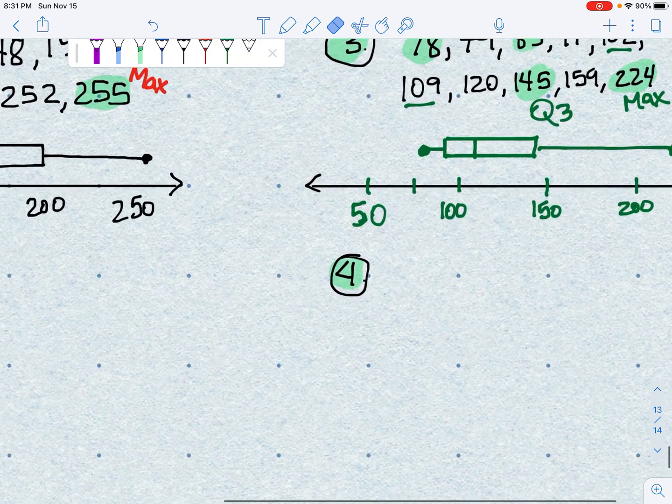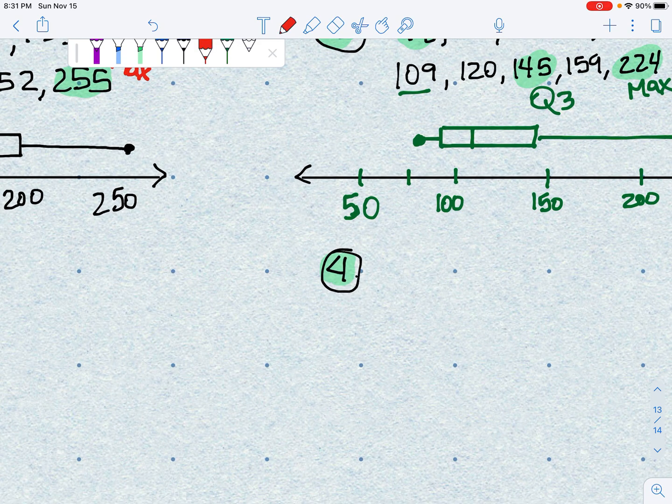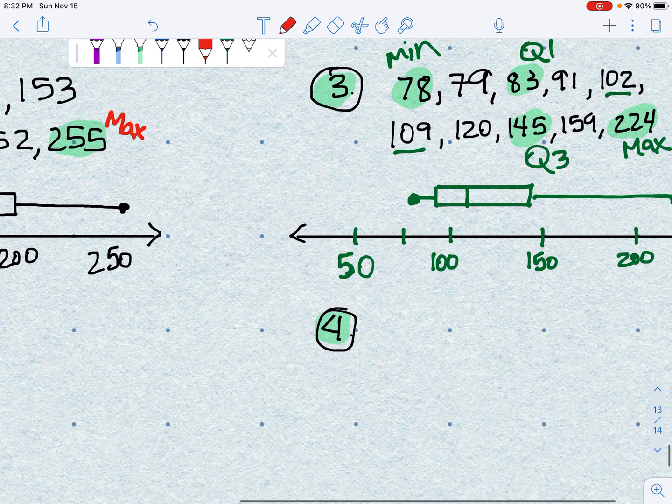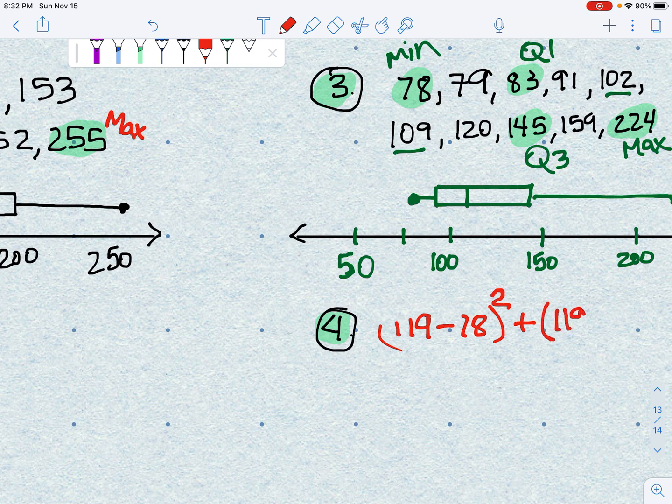All right. Last but not least, standard deviation. Again, you can do this by hand. We'd have to take each item minus the mean. So if you want to do it by hand, again, that'll be extra credit. You can go to your spreadsheet software and have it calculated out, or go to a calculator, whatever you want to do. Again, if I was doing that, I would take 119 is my mean minus 78, square that, right? And then I would go to the next item. And again, take 119, my mean, minus 79.